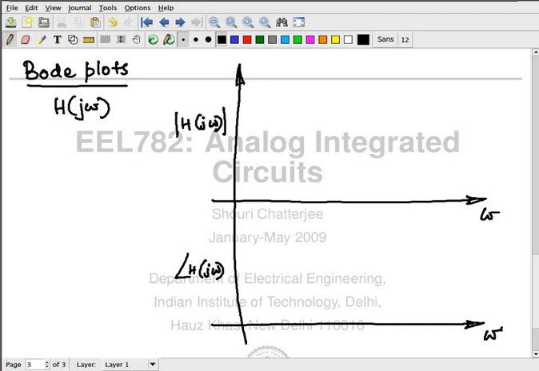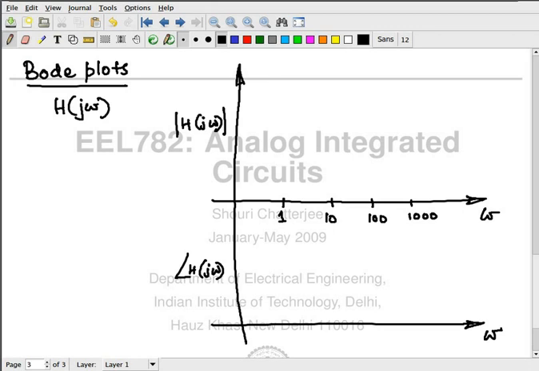Now, the crucial thing to understand about Bode plots is that ω is in the log scale. Suppose this is 1 radian per second, then this is going to be 10 radians per second and equally spaced is 100 radians per second. This is something very crucial about Bode plots. Because of this, it works.